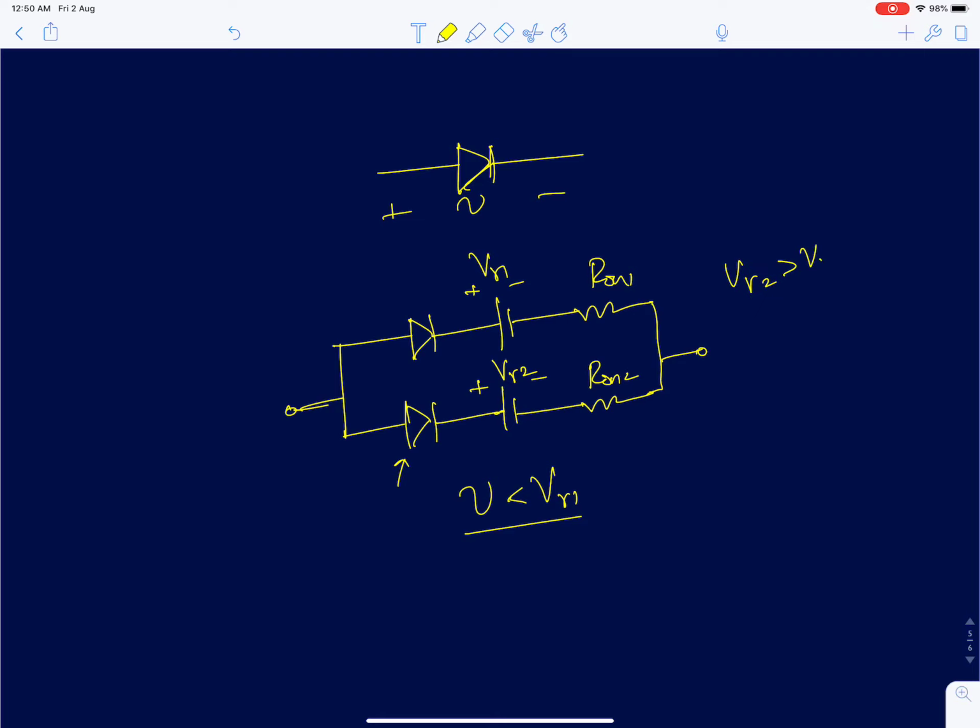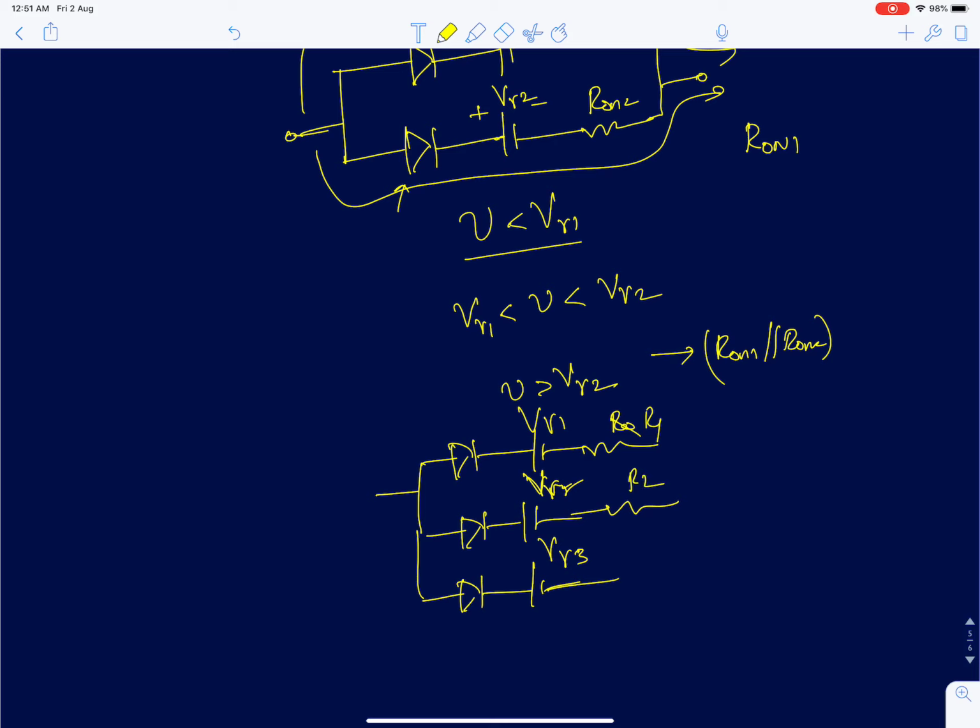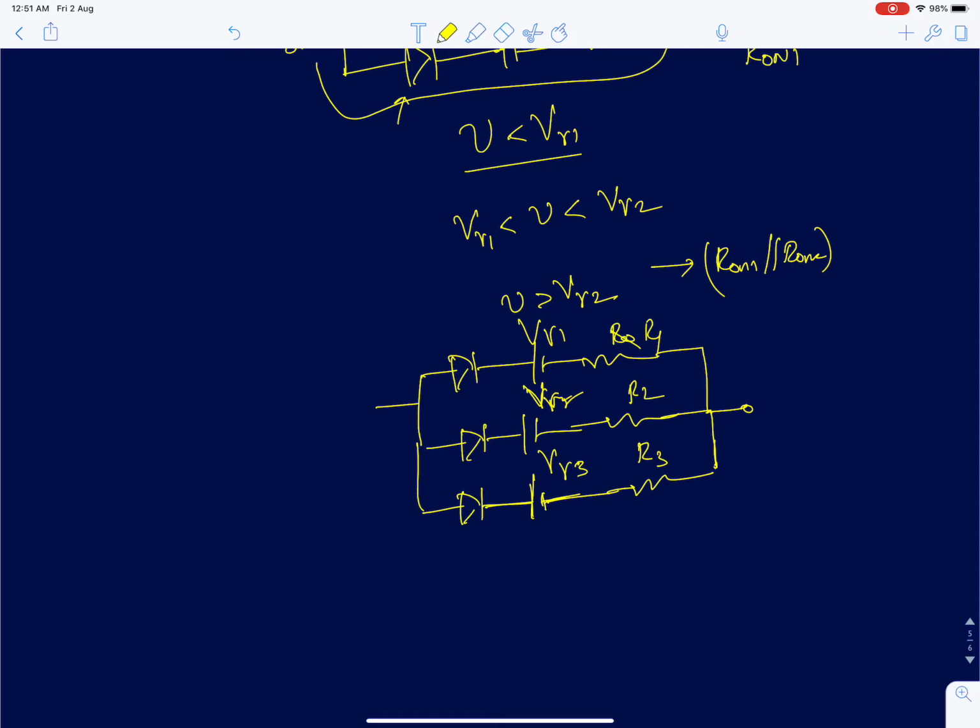So V gamma 1, V gamma 2, and then V gamma 3, and so on. I'm going to call them R1, R2, and R3. This way I can keep increasing the accuracy of the diode models by using more voltage sources and ideal diode models in this manner.